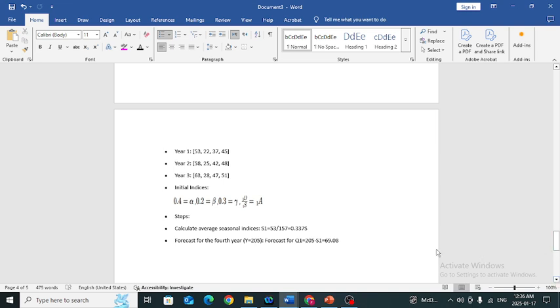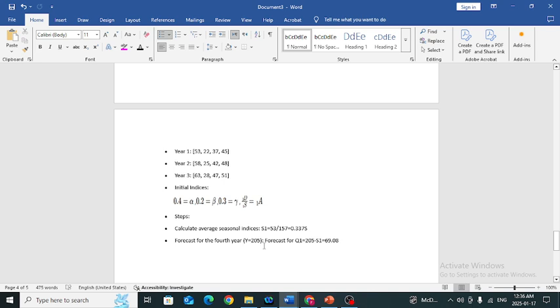So for the steps of calculating Winter's model, we should calculate the average seasonal indices. For example, S1 is 53 multiplied by the total of the demand. So it's this, and this is the forecast for the fourth year.